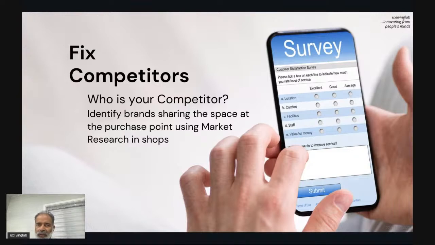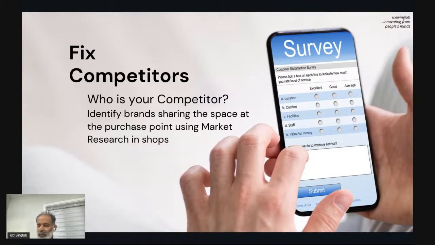So who is sharing this purchase point? That you have to research. You can use the channel partners, or you can use external agencies, but it's better to use your own way, because being a small brand, you should limit your budget.